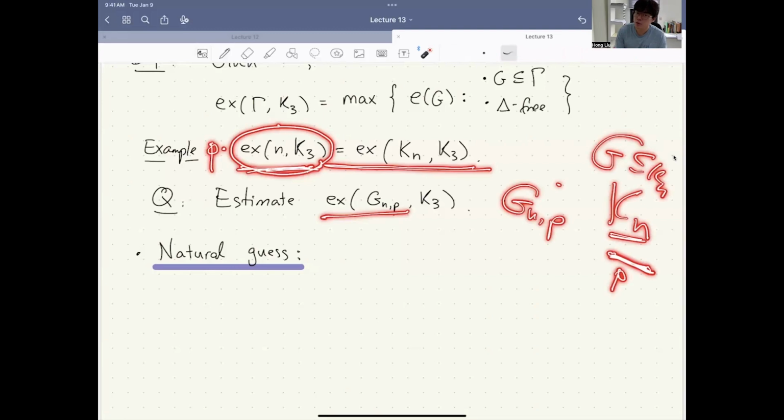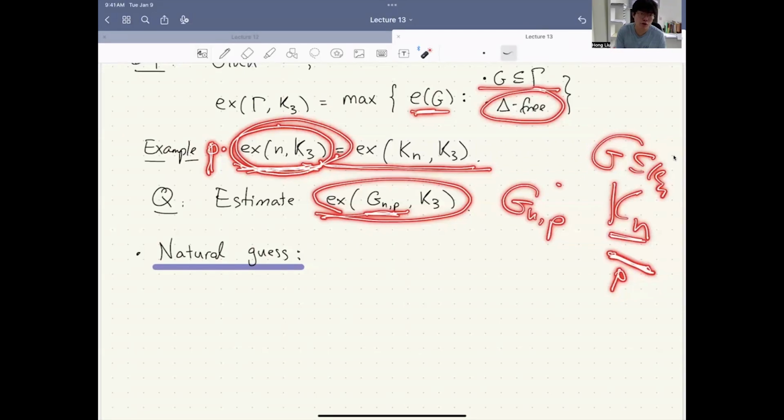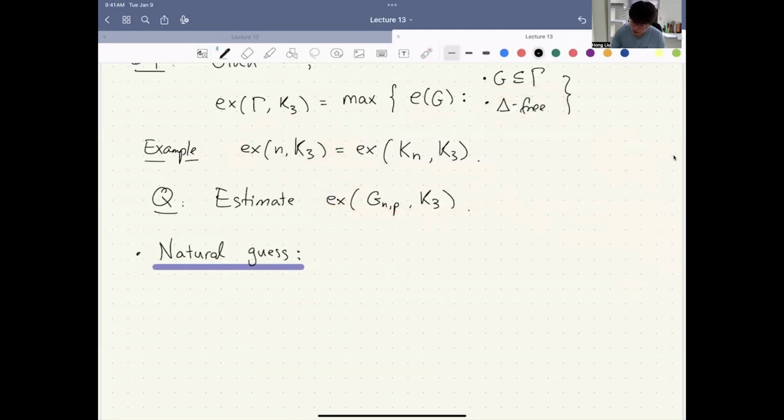So is it true that with high probability, this extremal number, meaning the largest triangle-free subgraph of G(n,p), has size about p times the extremal number of K_3? So the natural guess is ex(n, K_3) times p, this factor p.